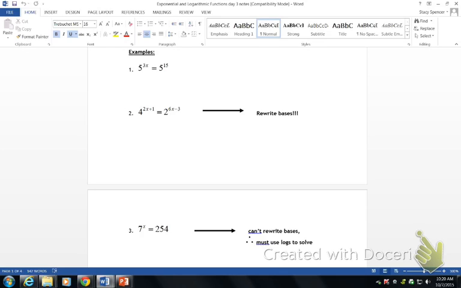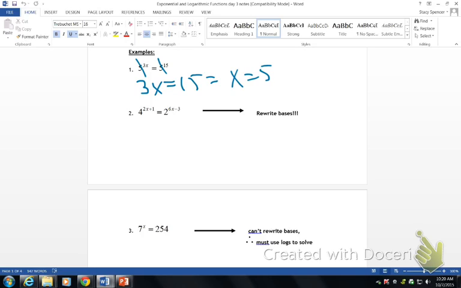So when we have that same base, very simply they will negate each other. 3x equals 15, or we would get 5. Your second one, they are not the same base, but can we manipulate this one? Is 4 a multiple of 2?